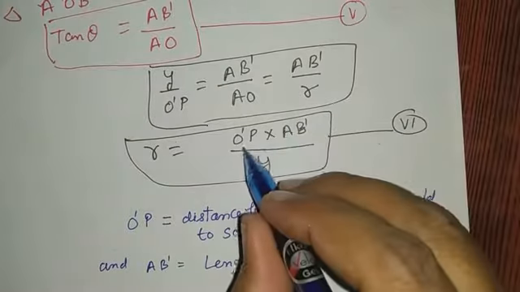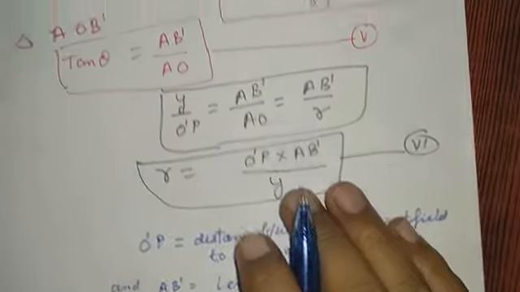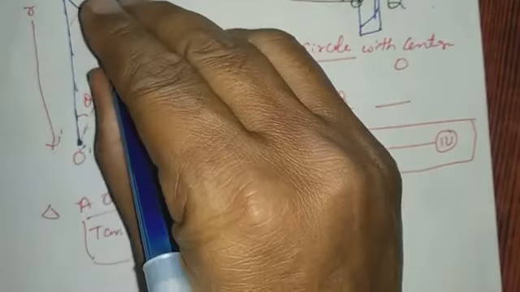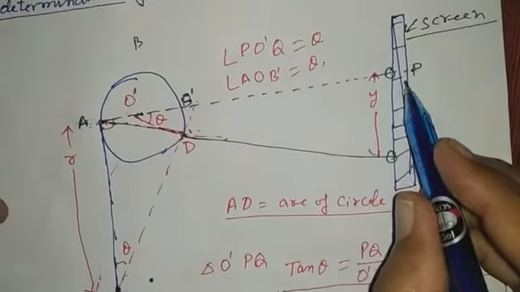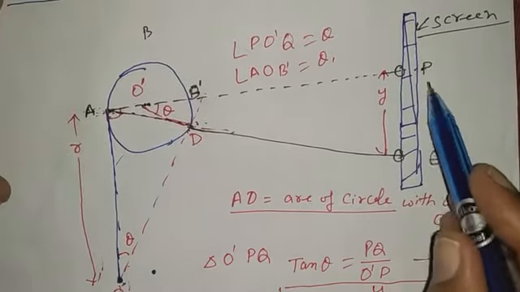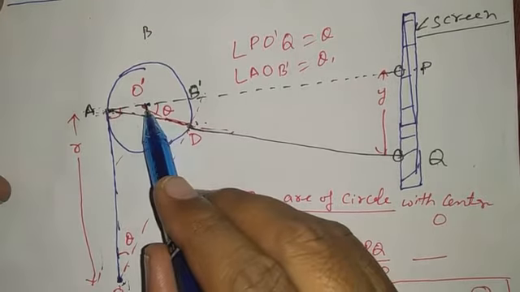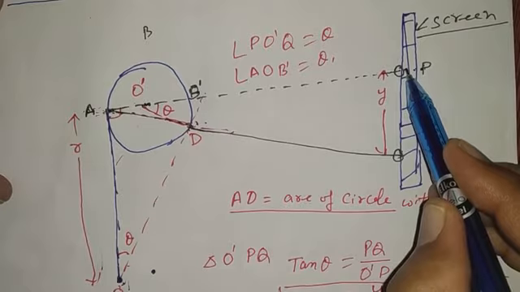Now, knowing the value of O dash P in the diagram, this is given in the experiment apparatus. The distance from the center to the screen is constant and given there.